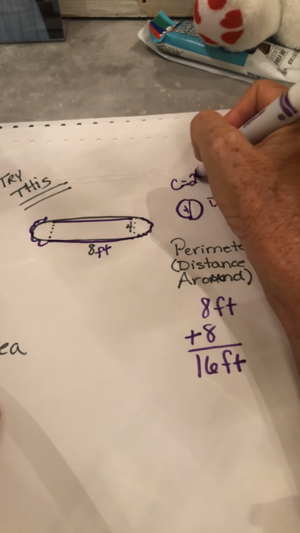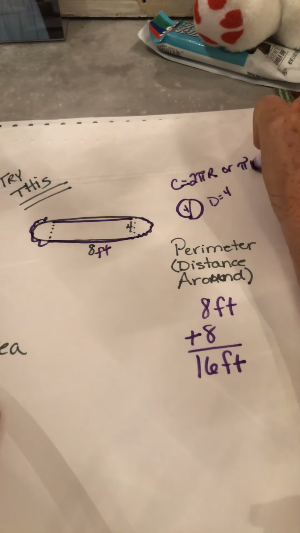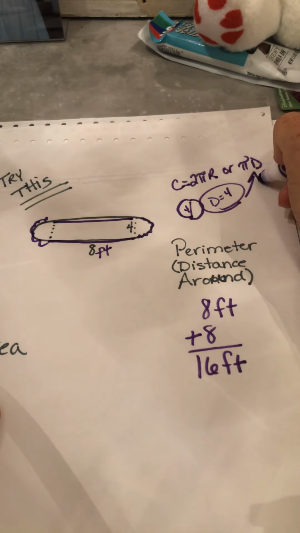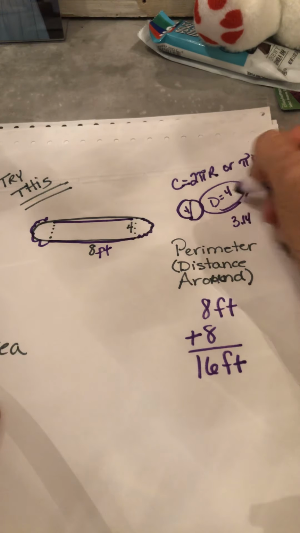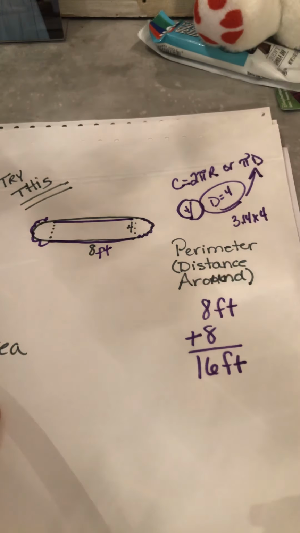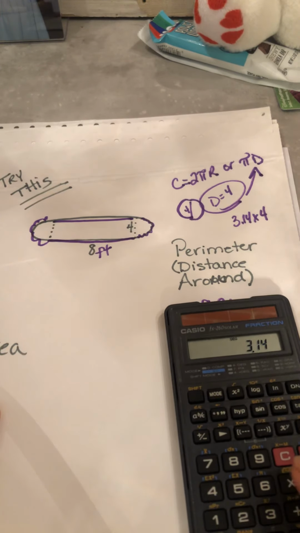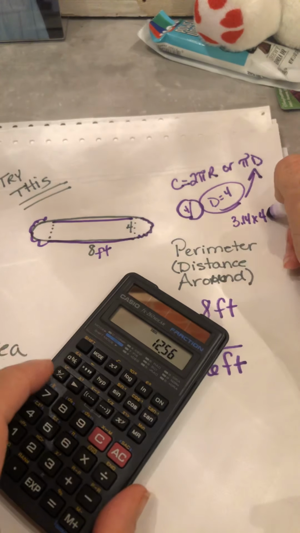Circumference is either 2 pi r or pi times diameter. I know the diameter, so I'm going to use this one. Pi is 3.14 times the diameter, which is 4. So I'm going to take out my handy dandy calculator and say 3.14 times 4, and I get 12.56.